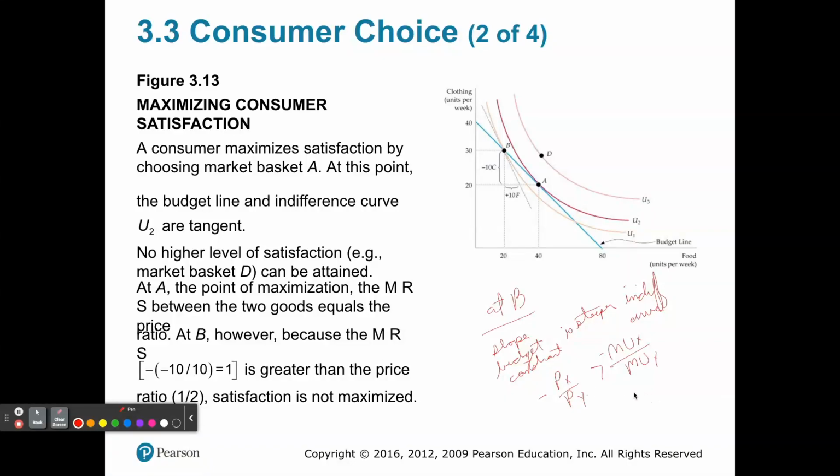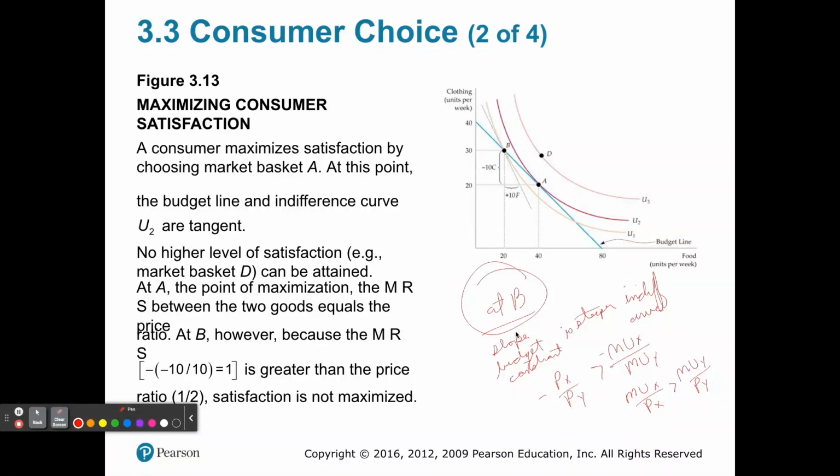Or changing the terms, so at B, basically the problem is that I'm not consuming enough of the product on the x-axis, food, and I'm consuming too much of the product on the y-axis, clothing. As we did in the previous slide, we would say then that the person should buy more food to go on the x-axis.